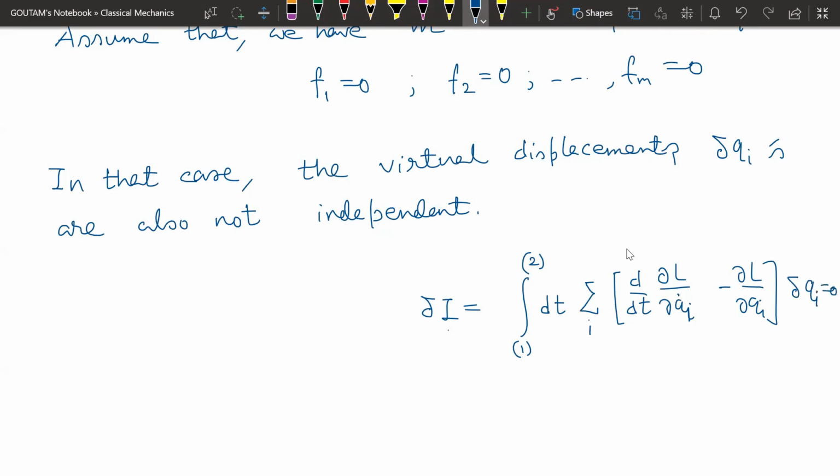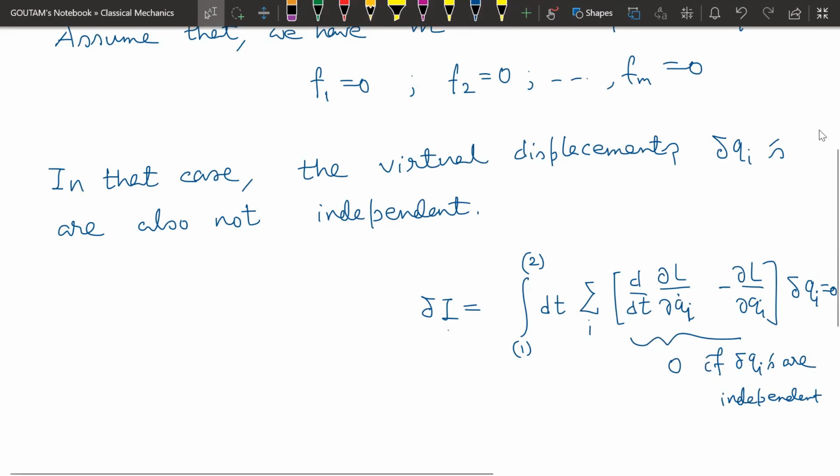So this was the variation of the action we got, and from there we assumed that these delta qi's are all independent. In that case, we got our Lagrange's equation, that is, this term is 0. This term will be 0 if delta qi's are independent. So that's how we got the Lagrange's equations of motion using the variational principle.